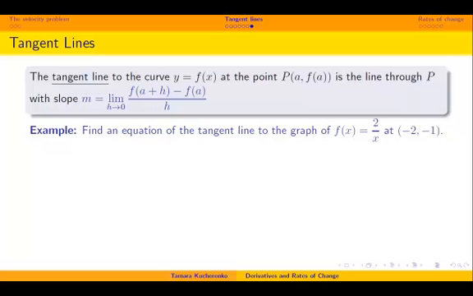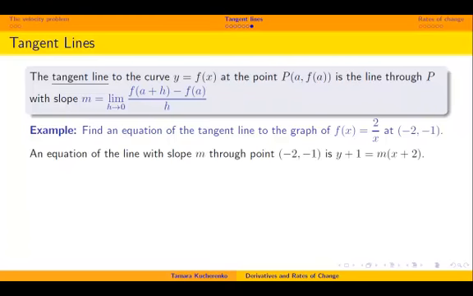So first we write the point-slope form of an equation of the line through the point -2, -1, where we denote its slope by m. We get y plus 1 equals m times x plus 2. It is left to find the slope m.